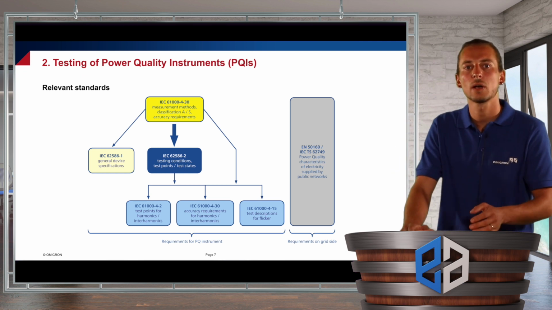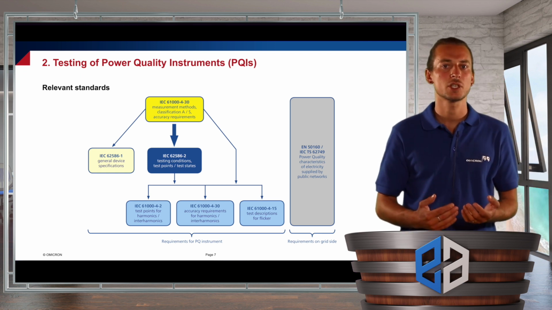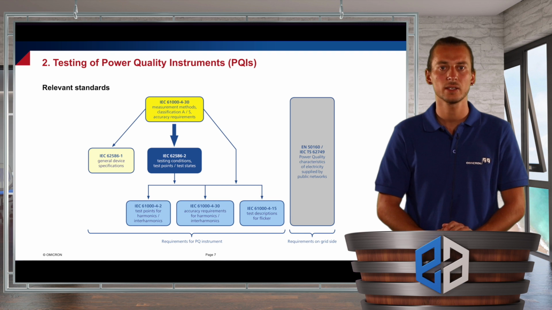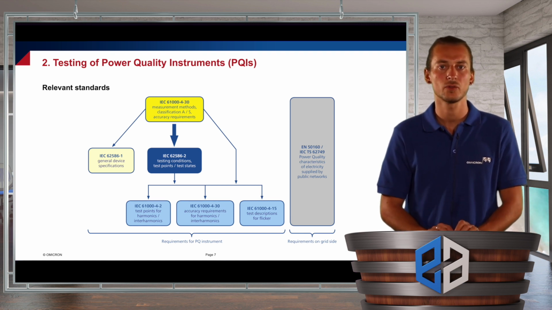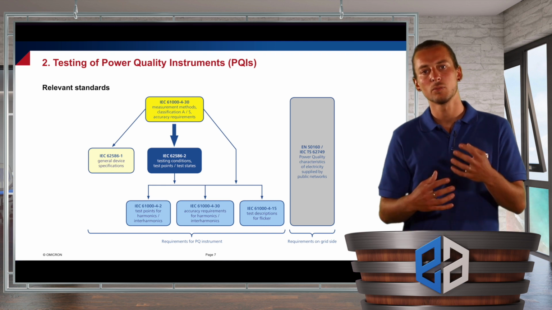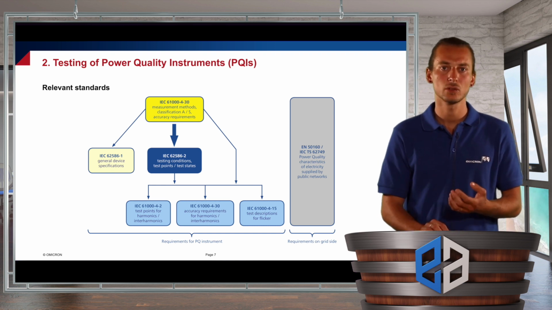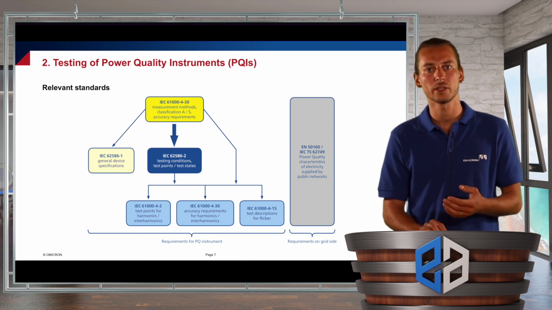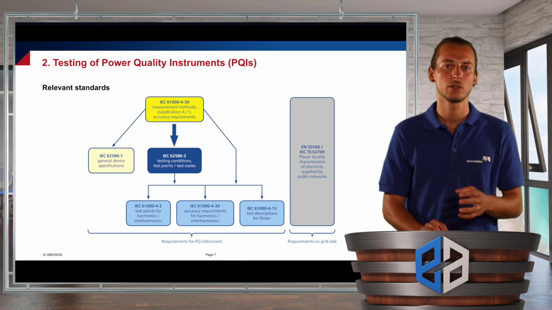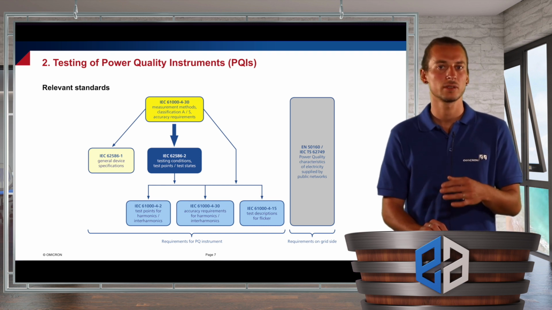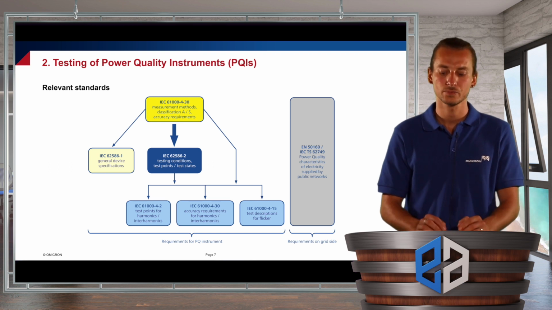So, coming to the relevant standards which are valid for power quality testing. First of all, and most important, there's the IEC 61000-4-30, which is the most important standard when it comes to requirements for the power quality instruments, and also defines the accuracy requirements and the classification into class A, which is very accurate, or class S, which is a little bit less accurate.